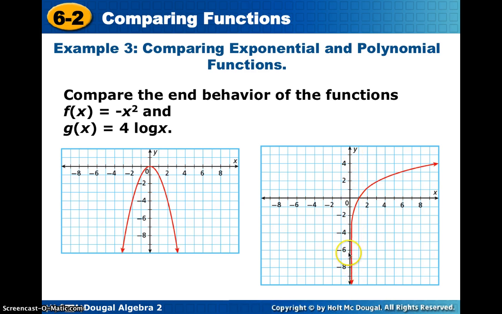It never crosses this line. This function does not approach negative infinity on the x side, because it never comes over here to any negative values. The x values stay positive, they just approach 0. So as x is getting closer to 0, that's when the function values are going down to negative infinity.